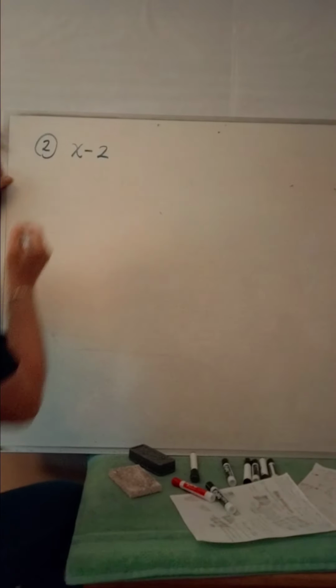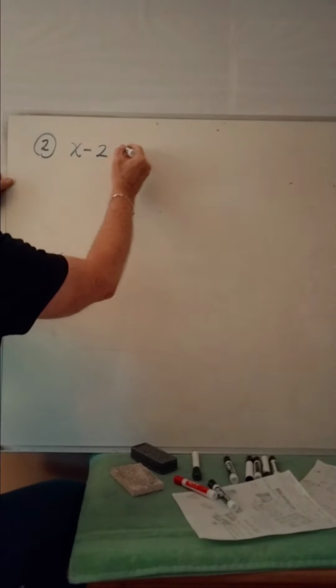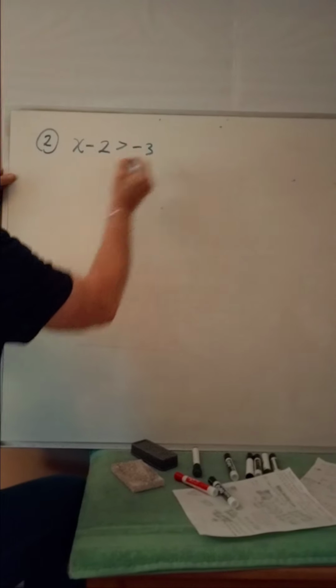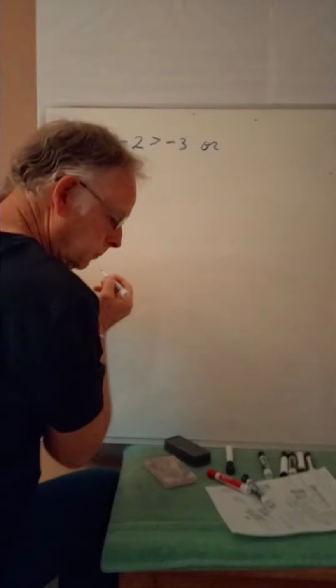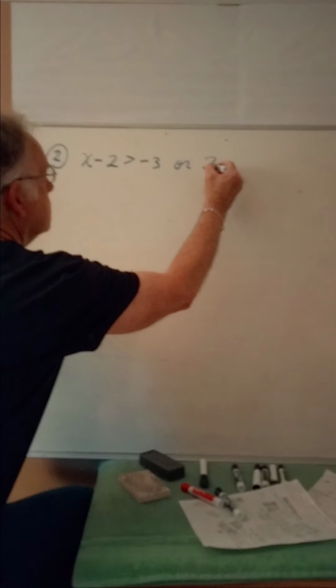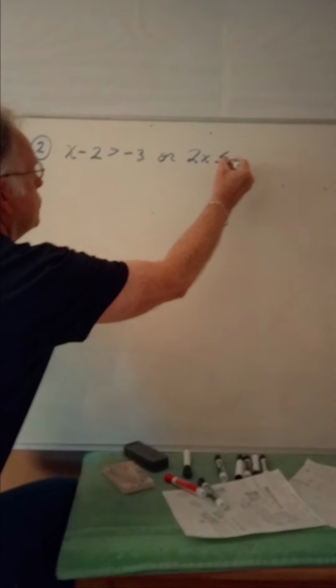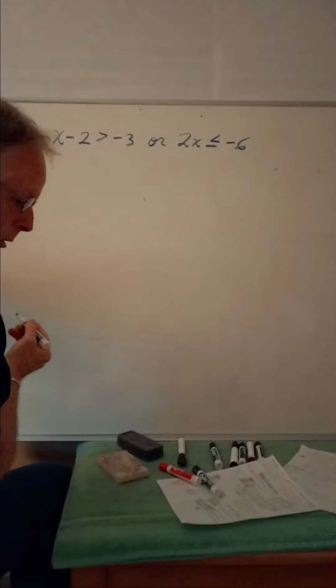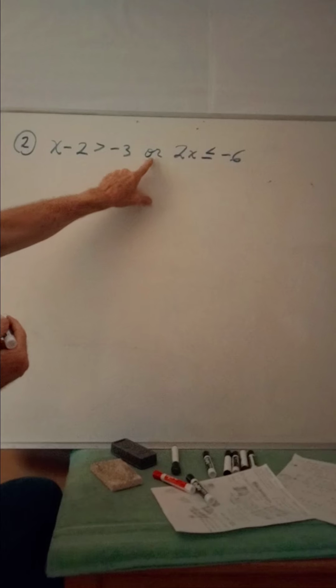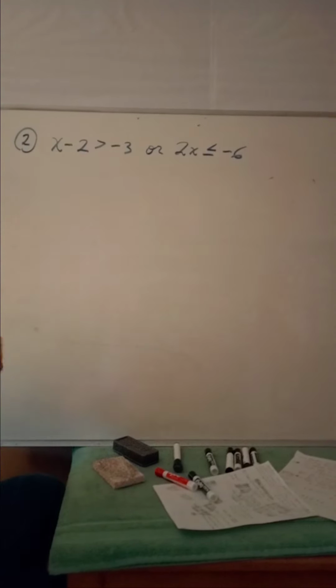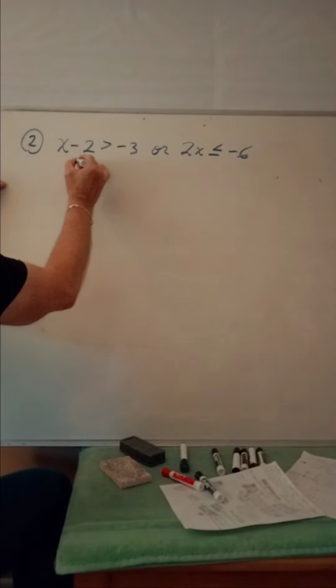x minus 2 is greater than negative 3, or 2x is less than or equal to negative 6. Disjunction. Or, let's solve this first one.